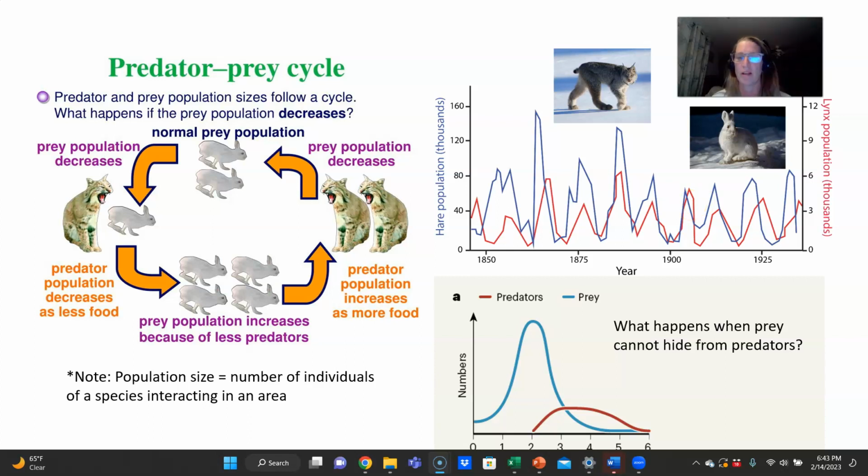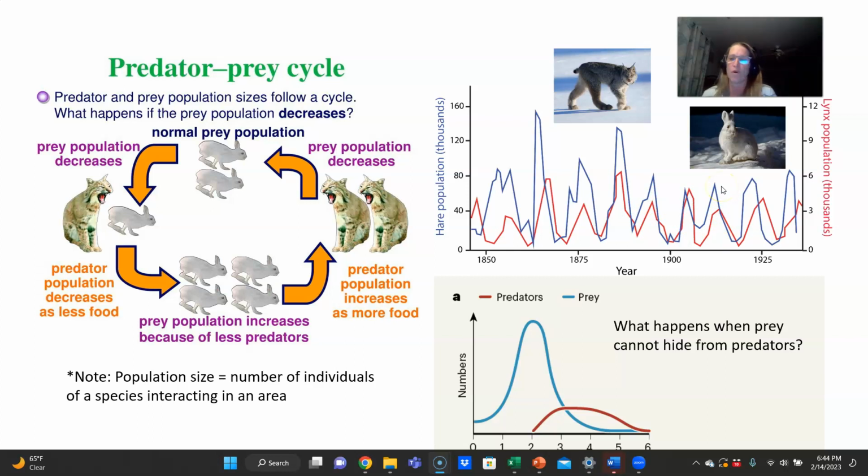They're eating more hares, and that's probably causing some decrease in population. But studies have demonstrated that the hares are actually more influenced by their own food resources. That's really what's driving this boom and bust cycle for the hares. And the predator, the lynx, is very reliant on the hare as its main food item. And so that's why the lynx curves seem to be following so closely with the hare curves.